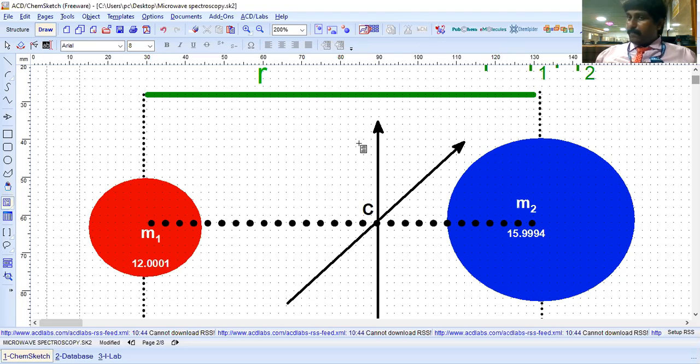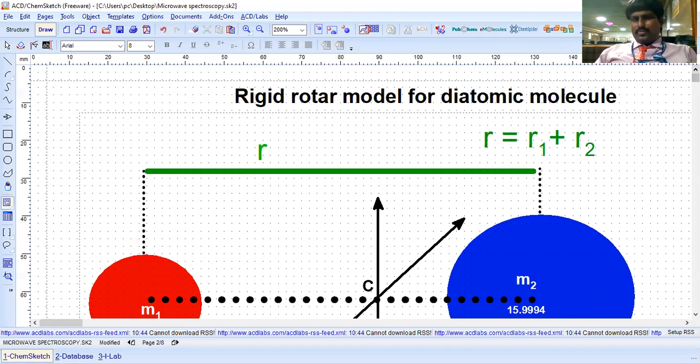From microwave spectroscopy, we can tell the bond length. Now R is the bond length. What is the small r? Here in green color, small r equals R1 plus R2. That is the bond length from this mid to this mid.